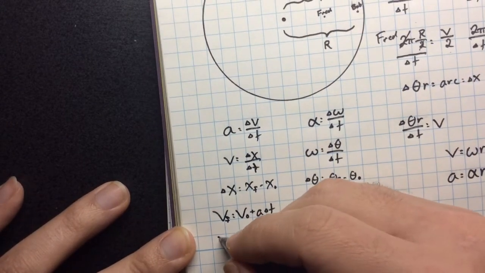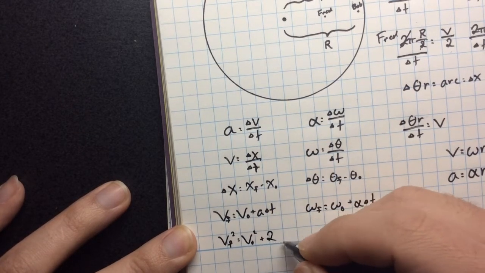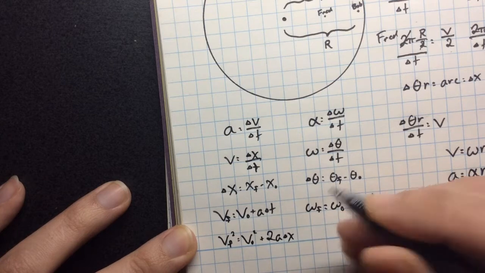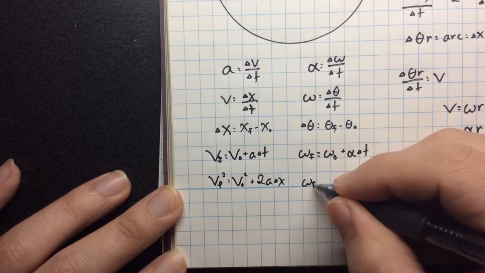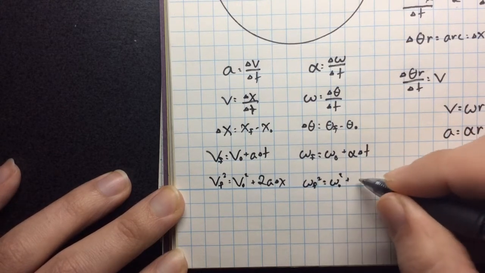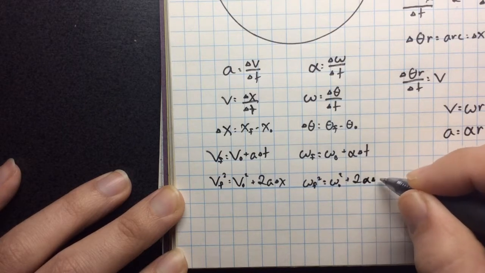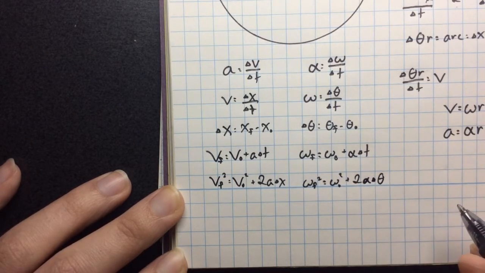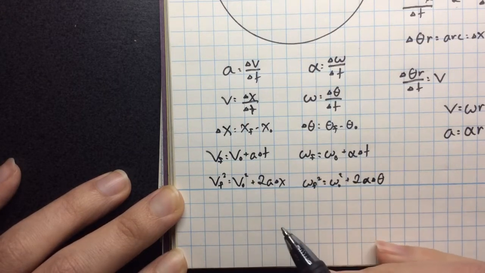Okay, there's a second equation, final velocity squared equals initial velocity squared plus 2 times a times delta x, or how far you go. That's true over here too. Angular stuff is set up the exact same way. So really, no reason to be worried about it. It's alpha now, and that's theta. And the way that we get from one to the other is we just divide all these things by the radius that you're at if you're moving in a circle.